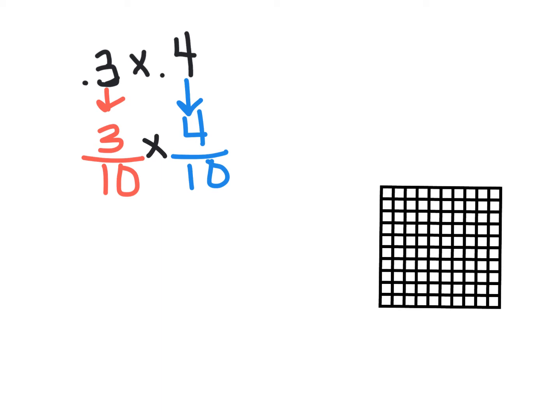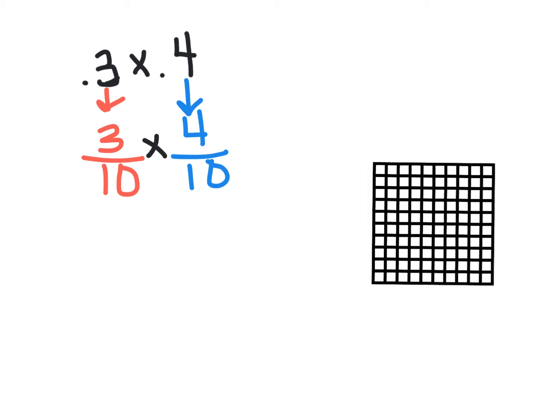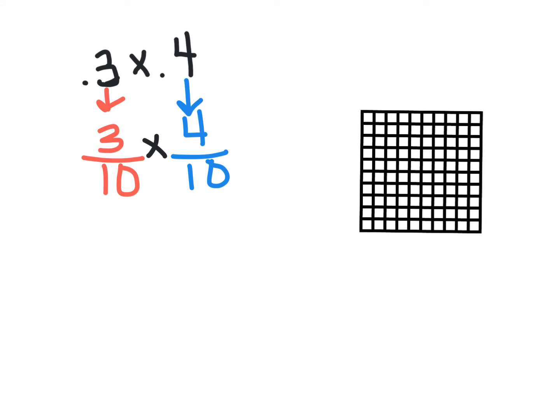Now that I've done step 1, the grid that we're talking about is this grid right here. So we are going to shade the first factor. Our first factor is 3/10. Now there are 100 little cubes here. But you're going to notice there are 10 rows, which are up and down, and 10 columns.